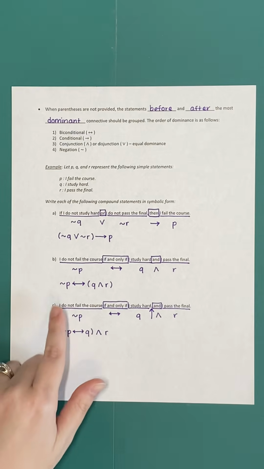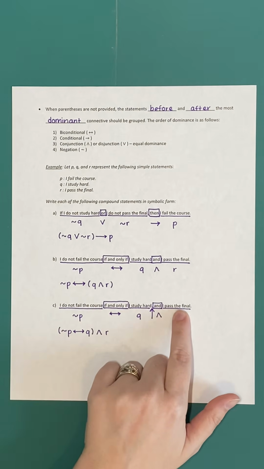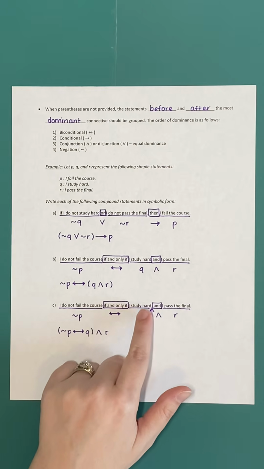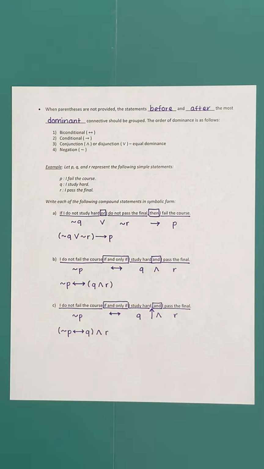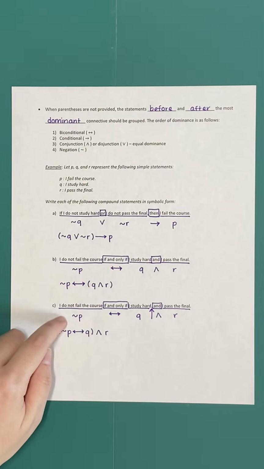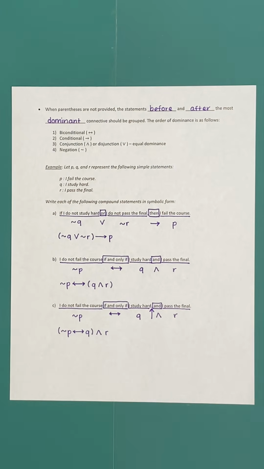Okay, one more. I do not fail the course if and only if I study hard and I pass the final. Now here we have a comma. So let's see what happens here. And if I'm not mistaken, this is actually the same sentence. The only difference is the comma that we put in. So our diagramming and our translation should actually be the same here.